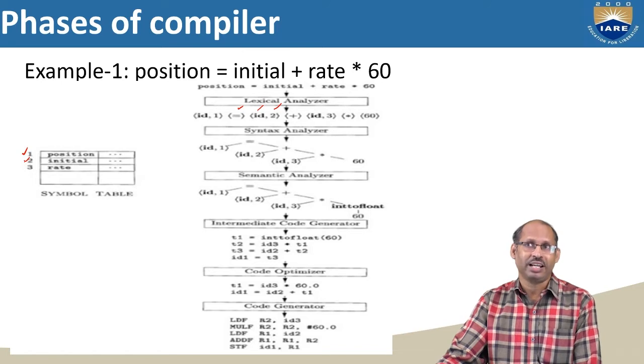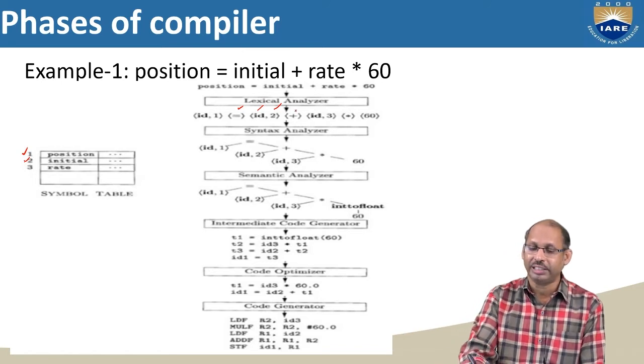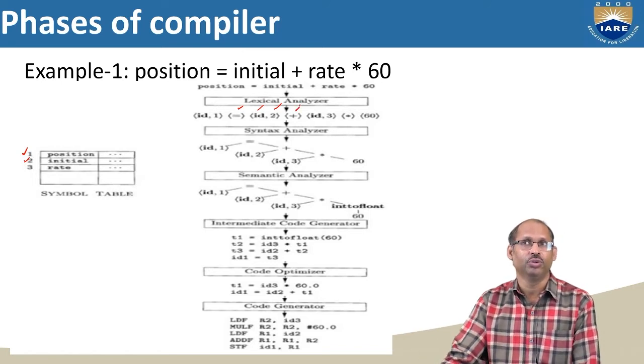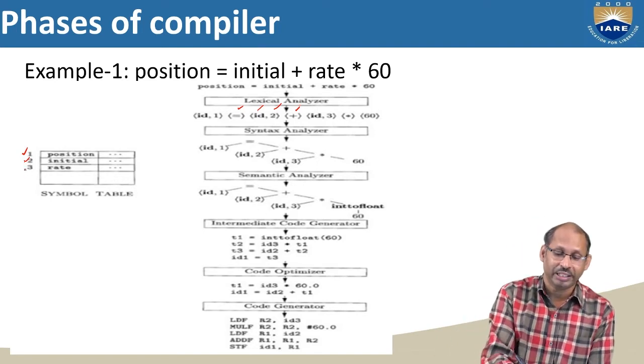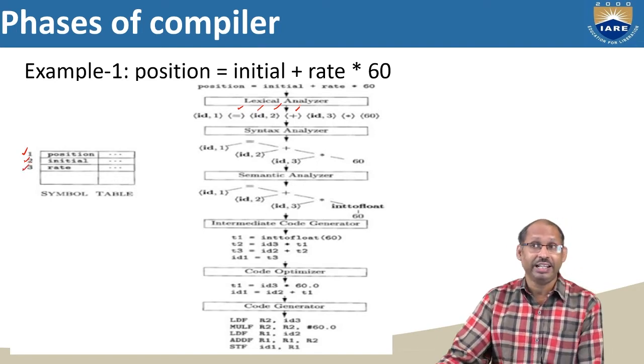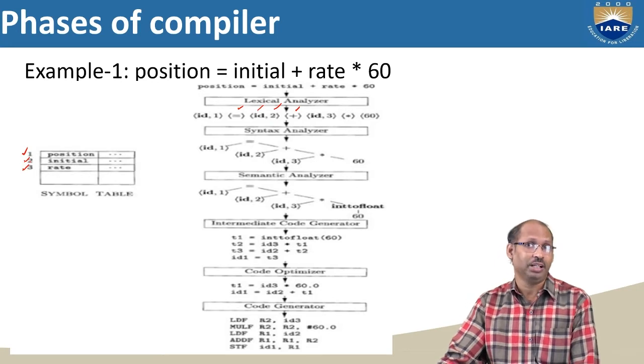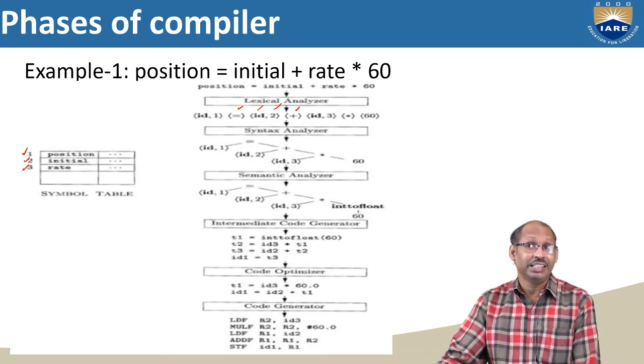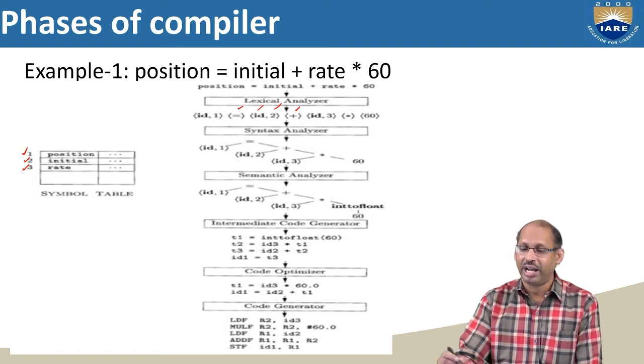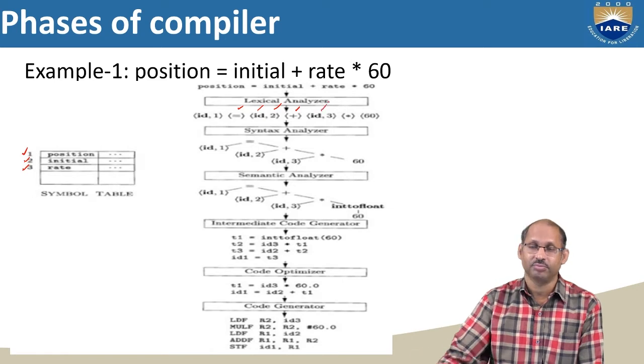Then the plus sign is an operator, so it simply constructs its respective token. Then identifier 3, rate. The lexeme is rate, it is stored in the symbol table, and it generates the token id comma 3.